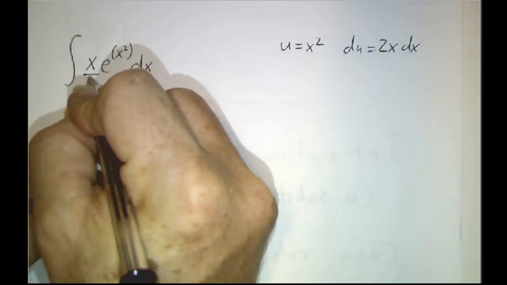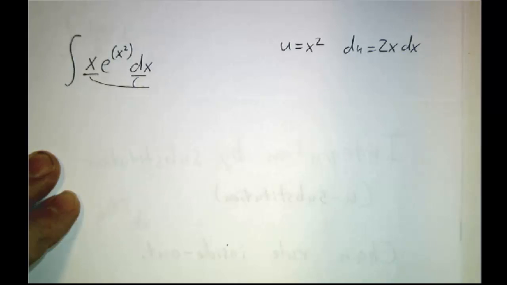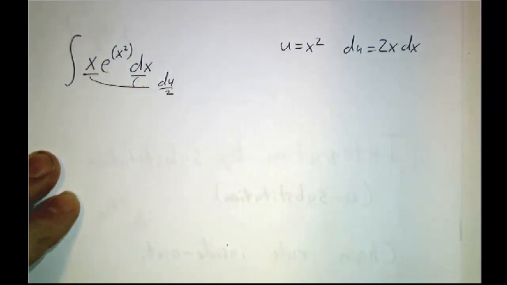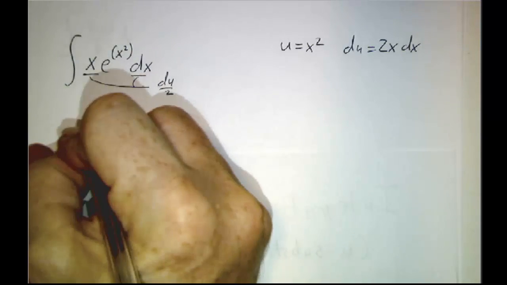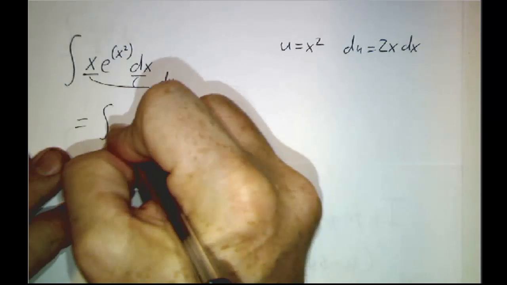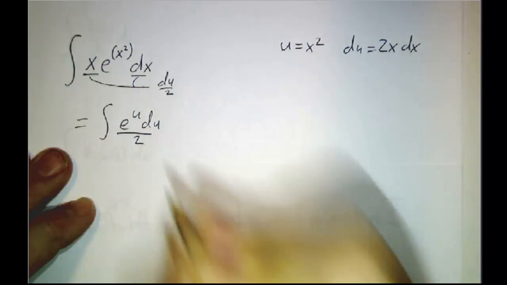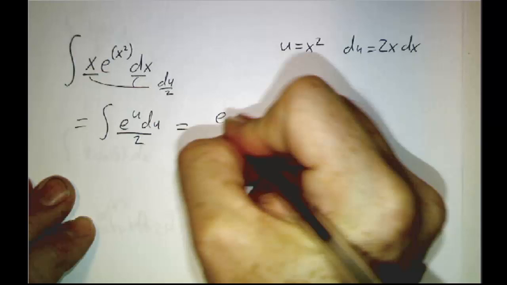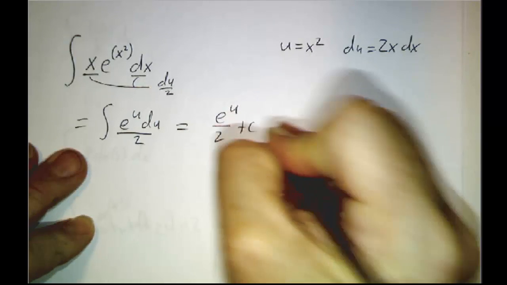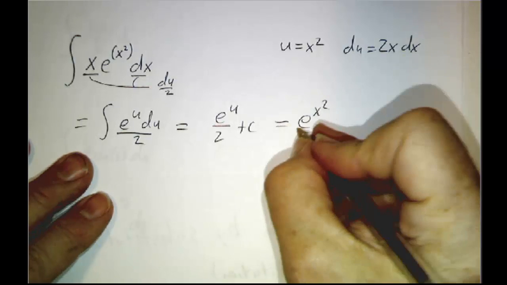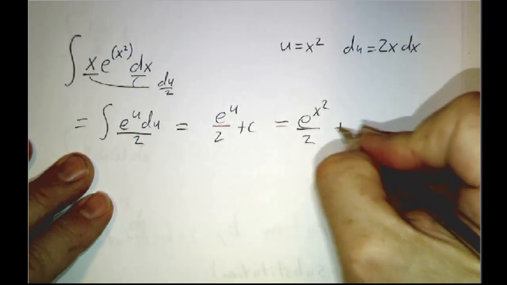Here we have x dx. We wanted 2x dx. That's easy. This is just du divided by 2. So this is the integral of e to the u du divided by 2. And that's easy. That's e to the u over 2 plus a constant. So that's e to the x squared, all divided by 2 plus a constant.